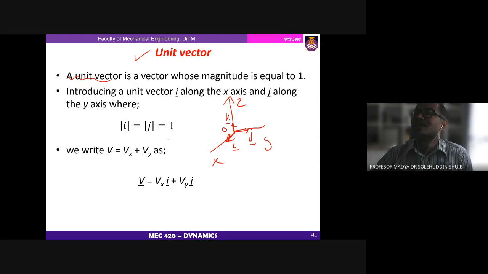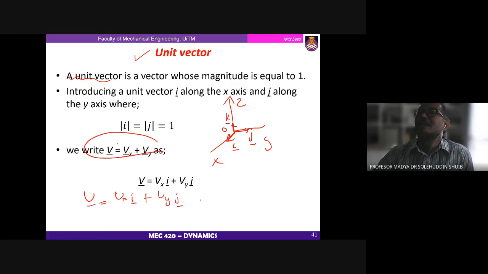So if you want to write the velocity v, you can write vx i plus vy j. So you can write in terms of unit vector. The velocity can be written in terms of unit vector as well.